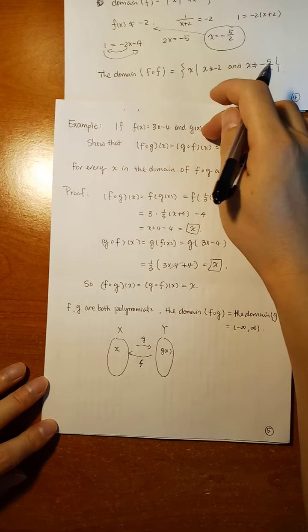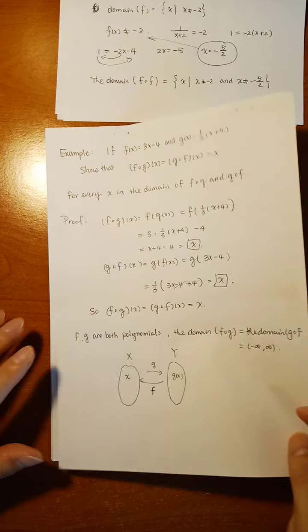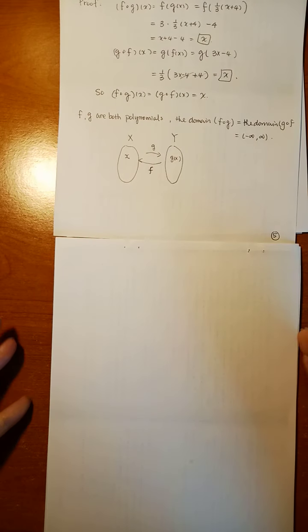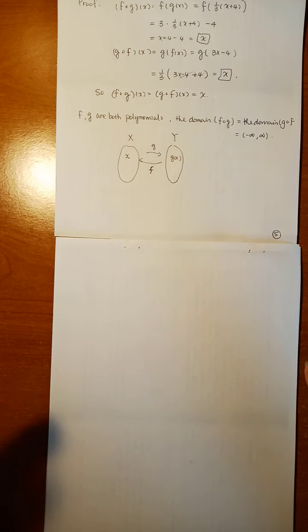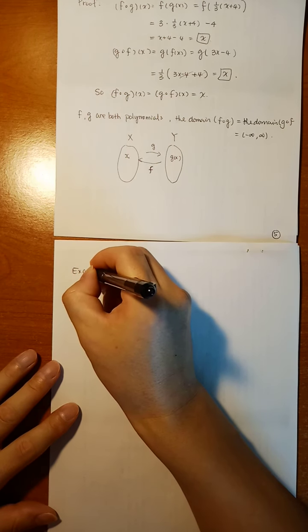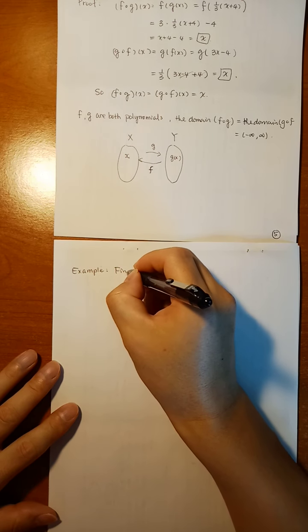If you have those parts like f and g, you can do the composite operations, and sometimes you should be able to decompose a complex function into the composite function of several functions. So let's check an example.